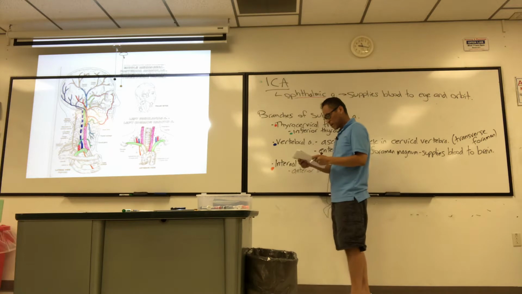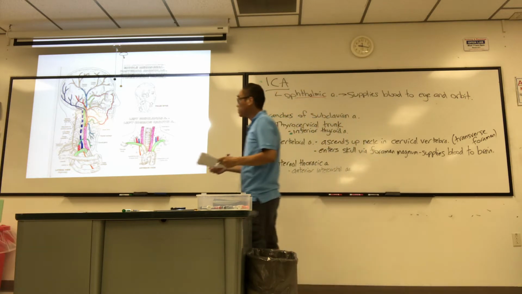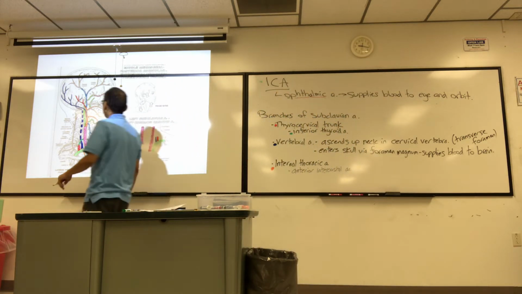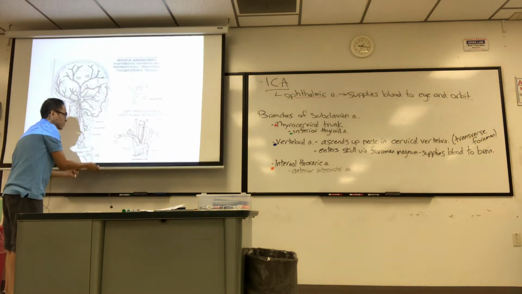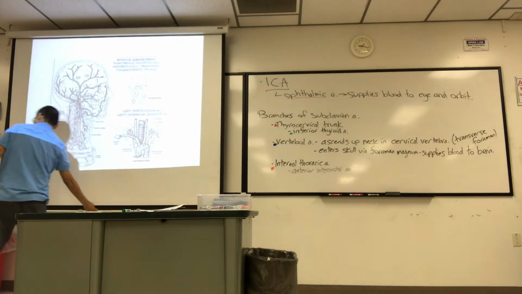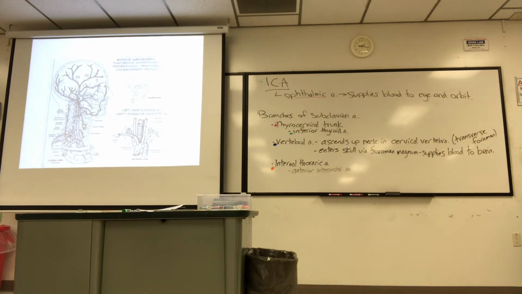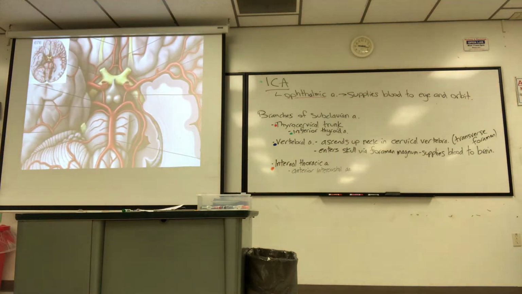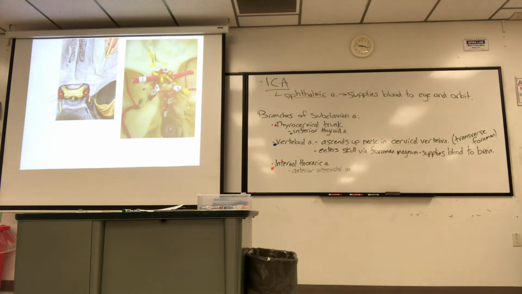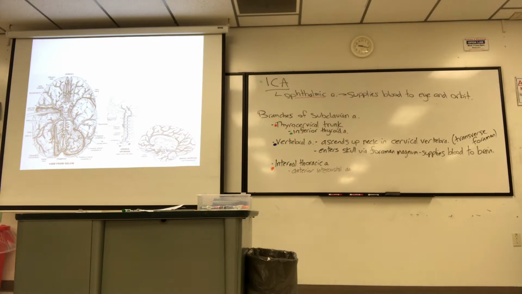There's a lot of blood vessels on this plate that you gotta know. So what I'm trying to get you here by talking about vertebral and then the internal carotid is so I can teach you how they both supply blood to the brain.